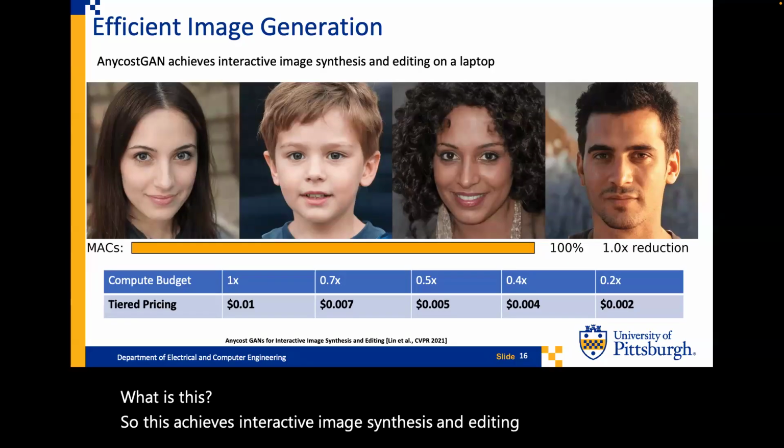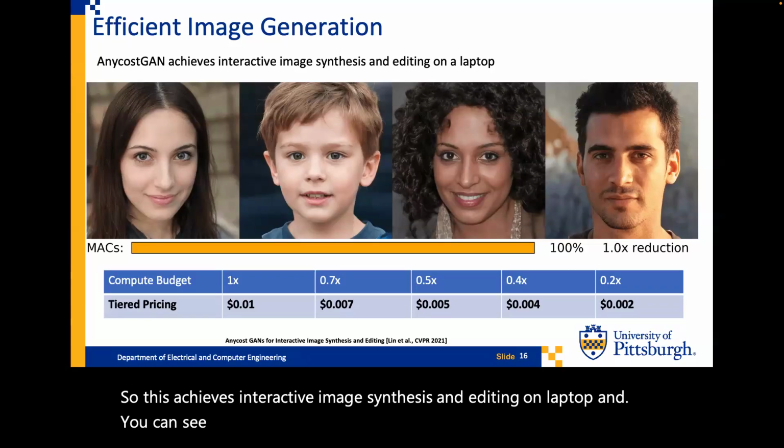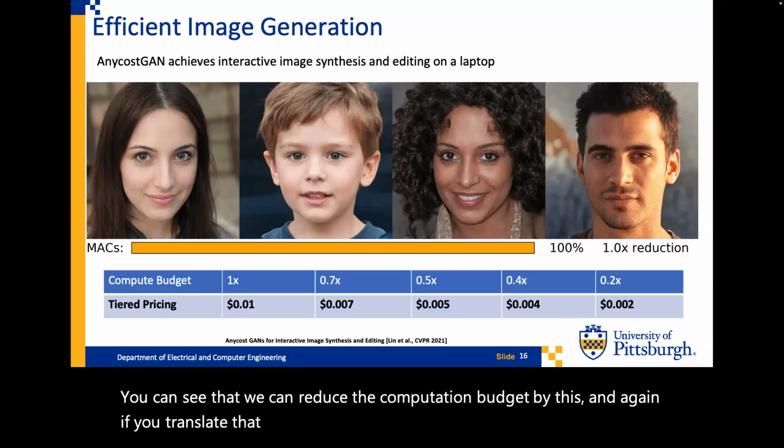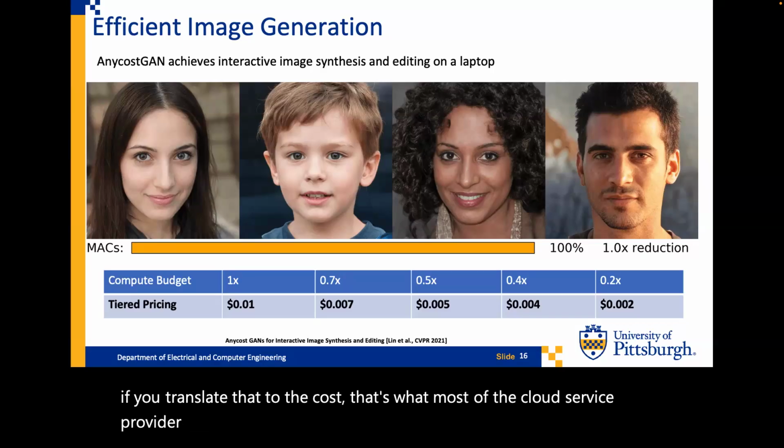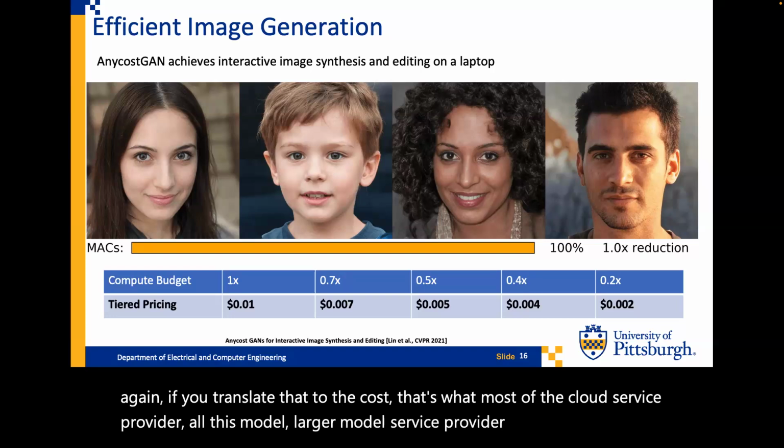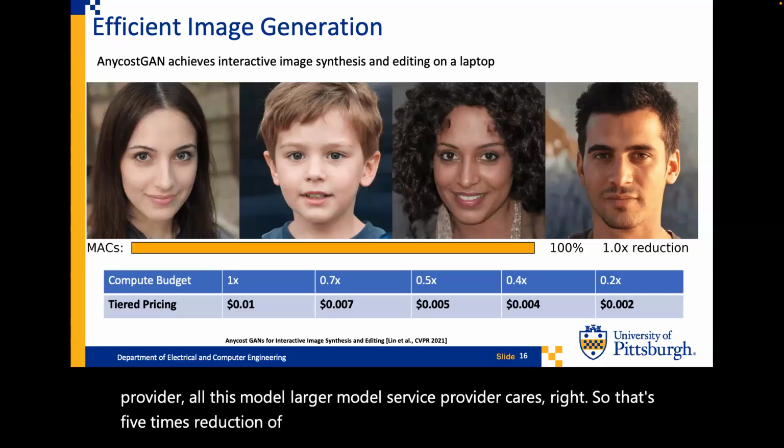You can see that we can reduce the computation budget by this much. And if you translate that to cost, that's what most cloud service providers and large model service providers care about, right? So that's a 5 times reduction of the cost. The 5 times, not 5%.